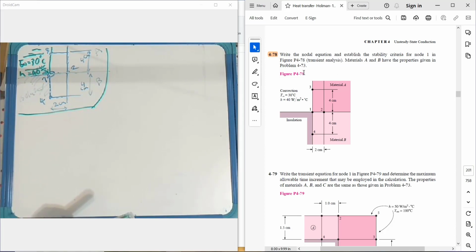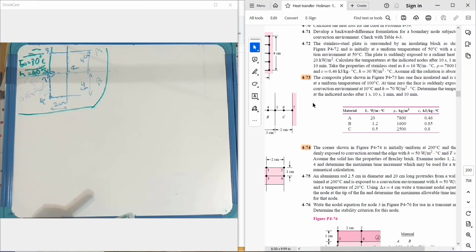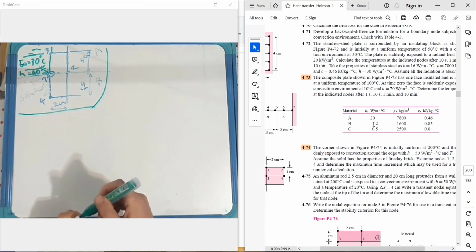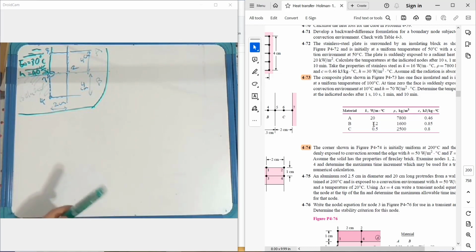Let me go to problem 73, which is here. We have the materials of this problem here.